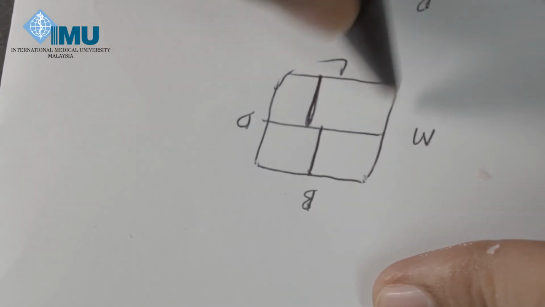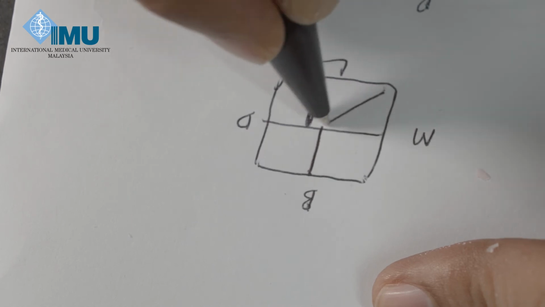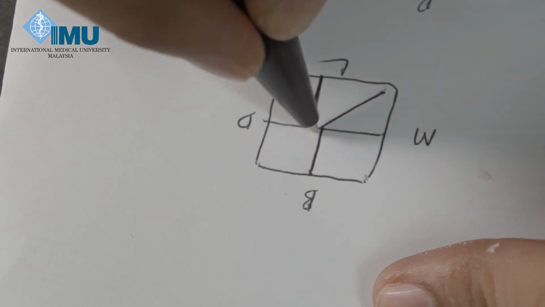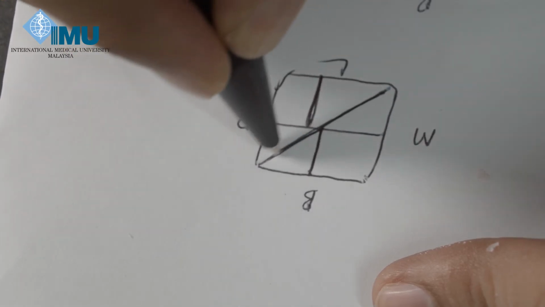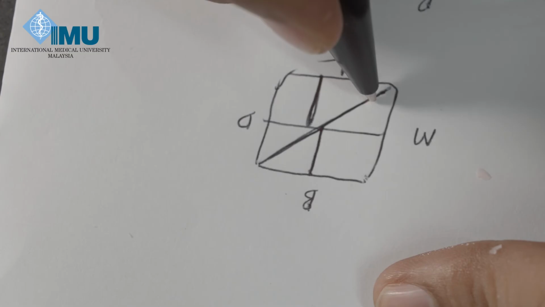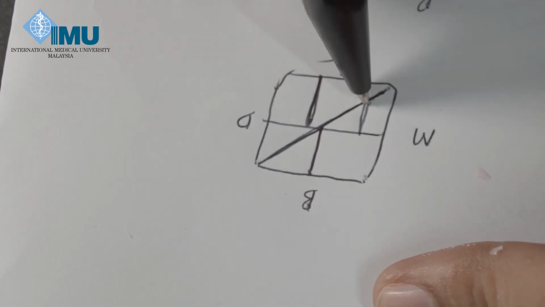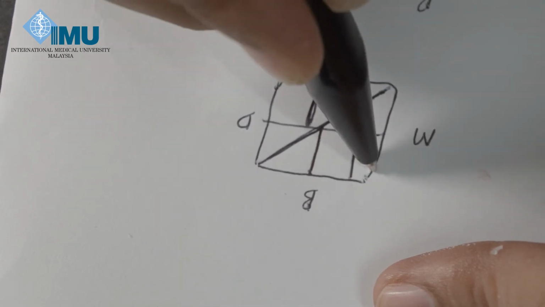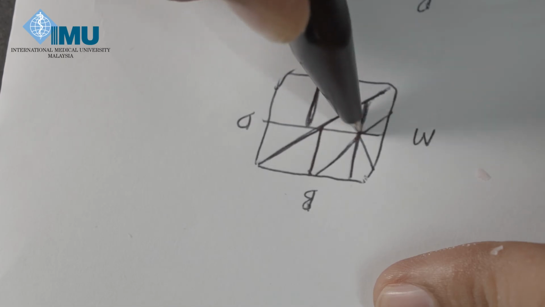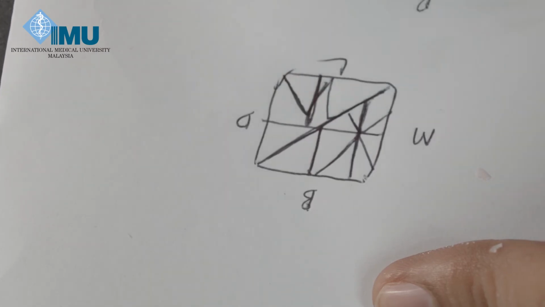Now mesiolingual cusp has two triangular ridges. One goes obliquely and joins the triangular ridge of distobuccal cusp, forming the oblique ridge. One more triangular ridge from the mesiolingual cusp goes straight and joins the triangular ridge of mesiobuccal cusp. So like this. And this is distolingual cusp that will have its triangular ridge.